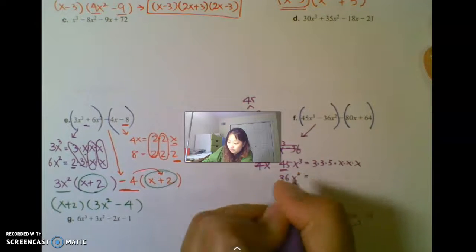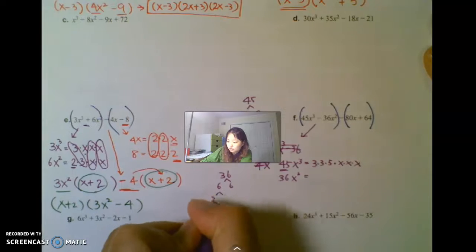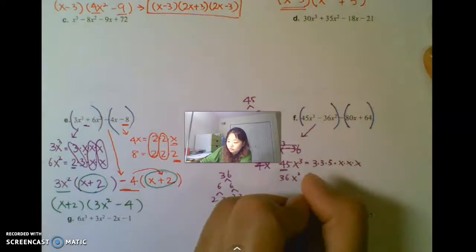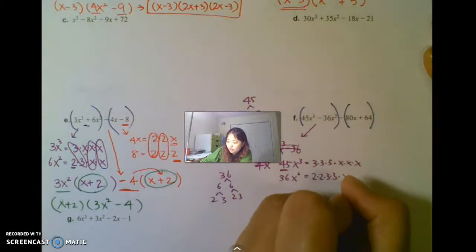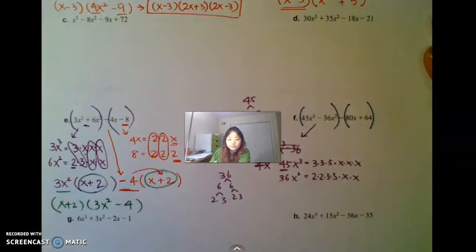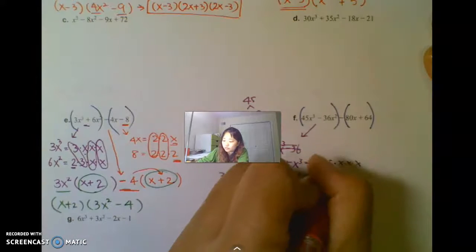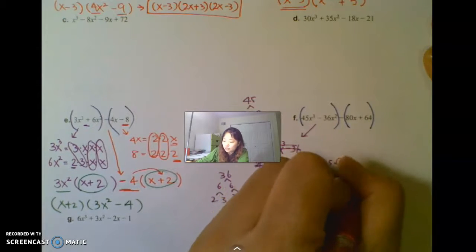36x squared. Well, 36 is 6 times 6, 2 times 3, 2 times 3, right? So it'll be 2, 2, 3, 3, x, x. So now the greatest common factor is the 3's, x's, and x's.